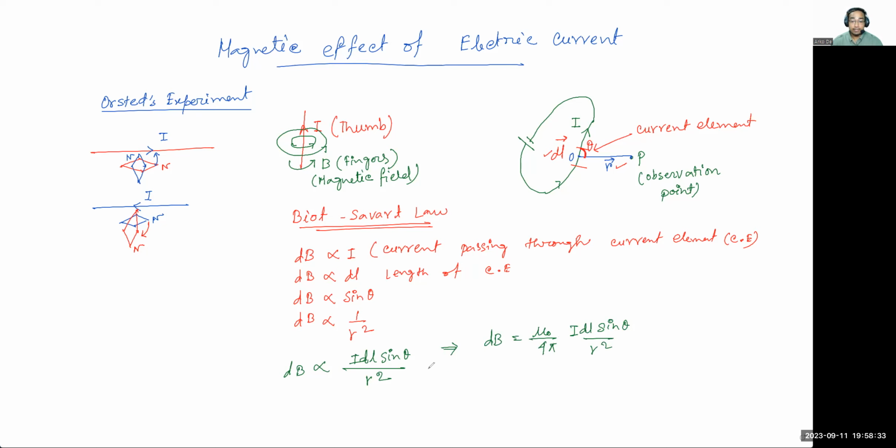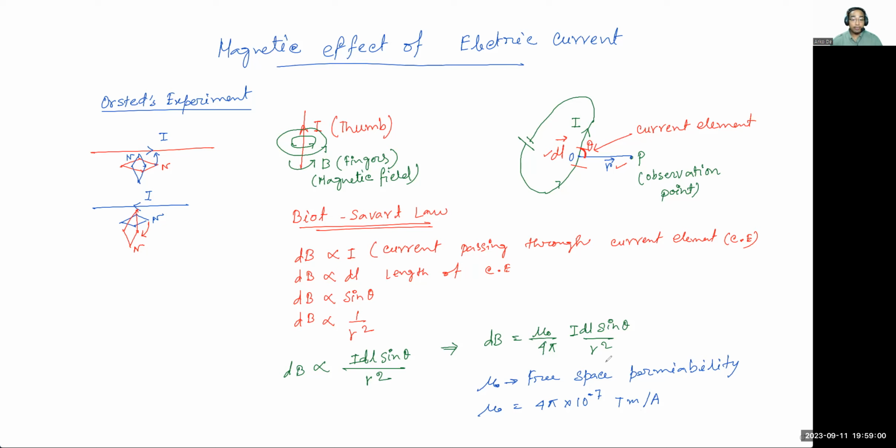Mu naught is called free space permeability, and mu naught equals 4 pi into 10 to the power minus 7 Tesla meters per ampere. That's it.